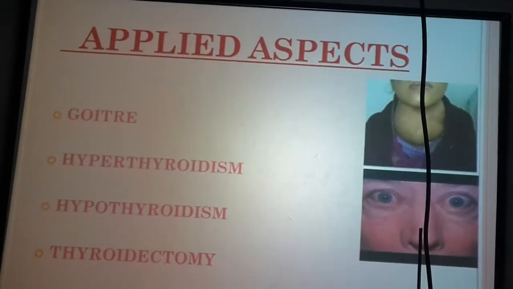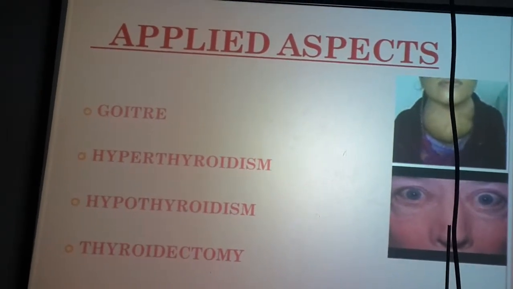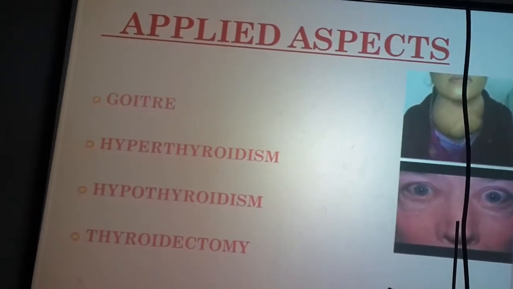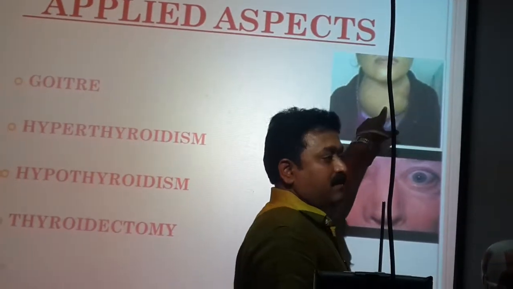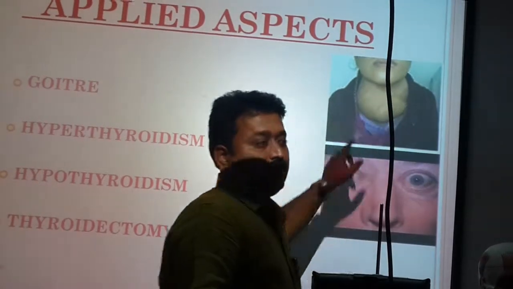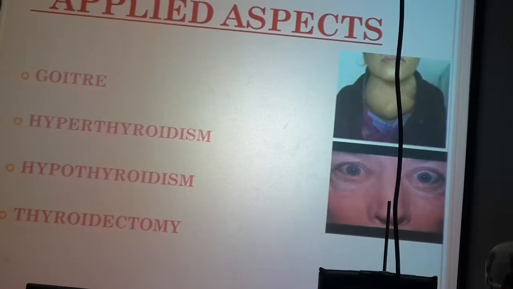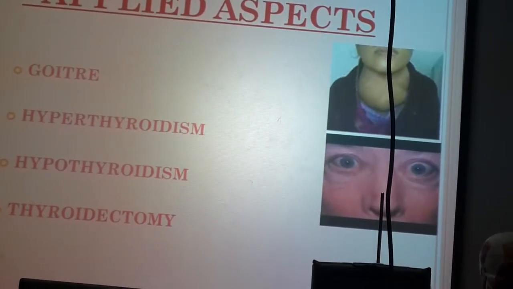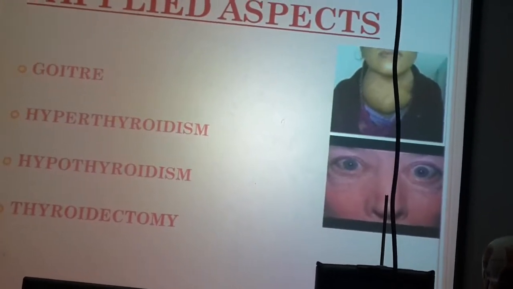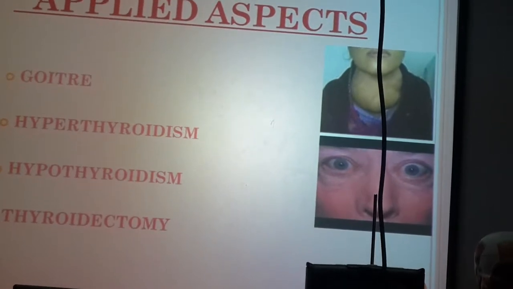Next is the applied anatomy. Goiter: any abnormal enlargement of the thyroid we call goiter. See here, there is an enlargement of the neck. Hyperthyroidism is increased secretion of thyroid hormone, and hypothyroidism is decreased secretion of thyroid hormone.